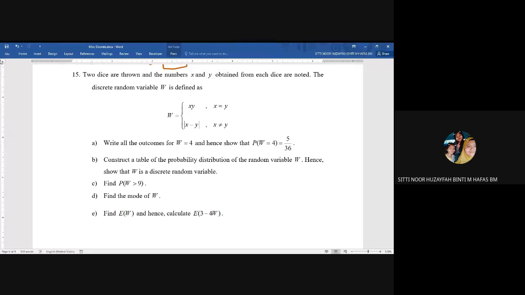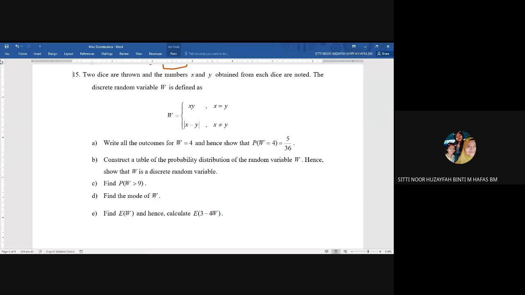Okay, let's try to understand the situation first. Two dice are thrown and the numbers x and y obtained from each die are noted. Let's say the number on the first die is x, and the number on the second die is y.